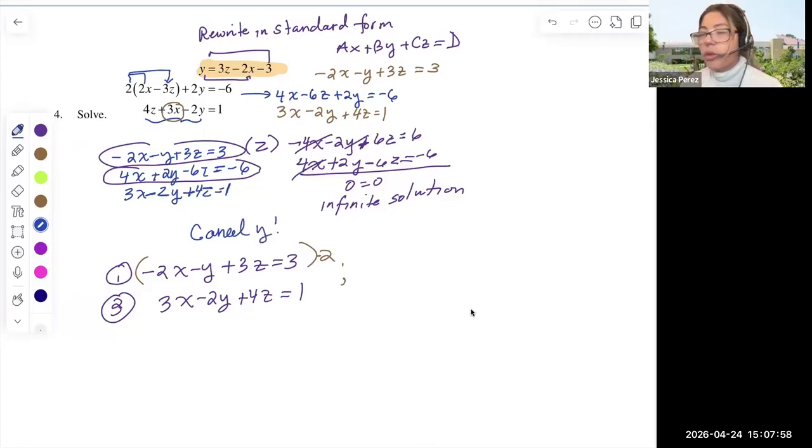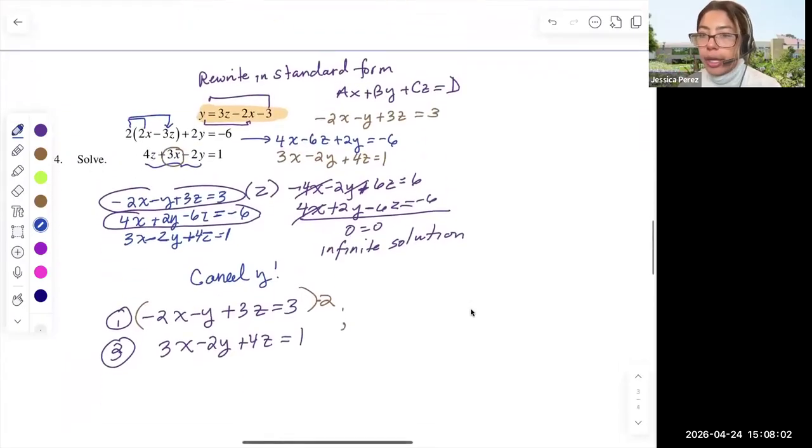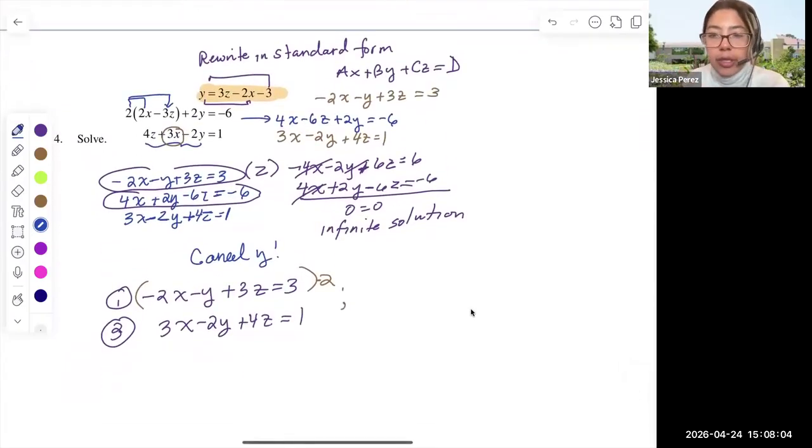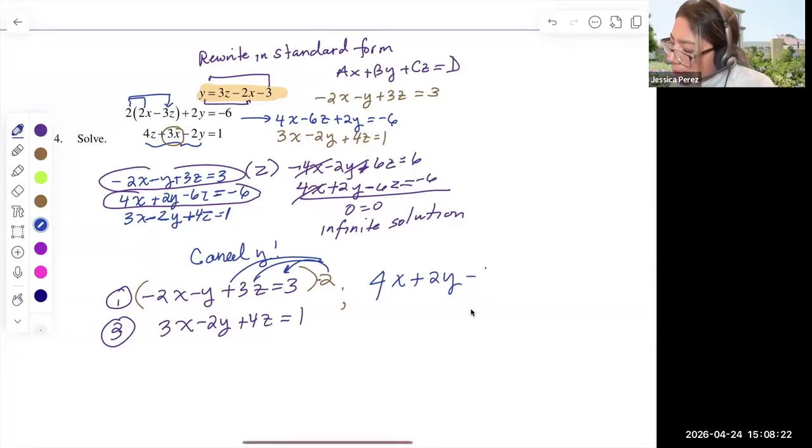That way, since I already have a generic form for y, I'm interested in having everything in terms of a single variable. So if I multiply by negative 2, I'll get 4x positive, and a plus 2y minus 6z equal negative 6.